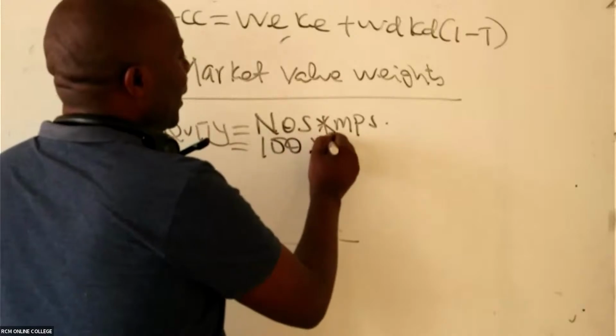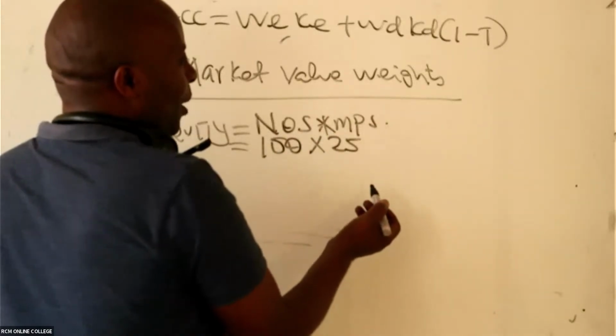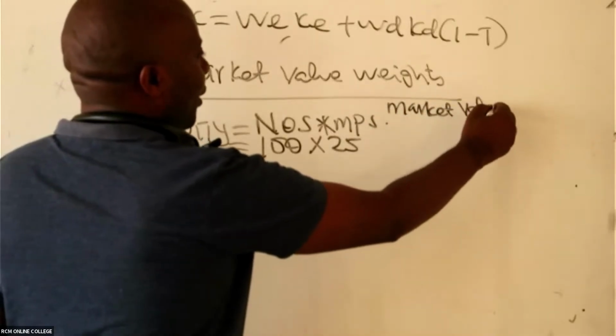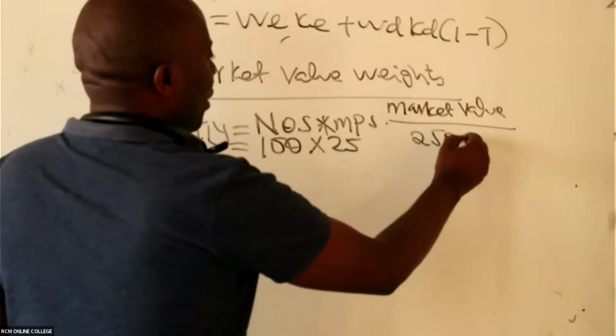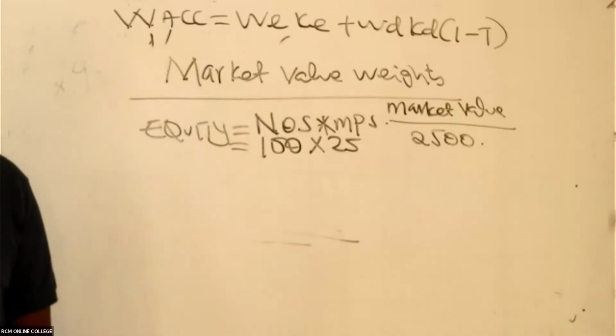Have they given us the market price per share? Oh yes, 25. So this gives us a market value of 2,500.